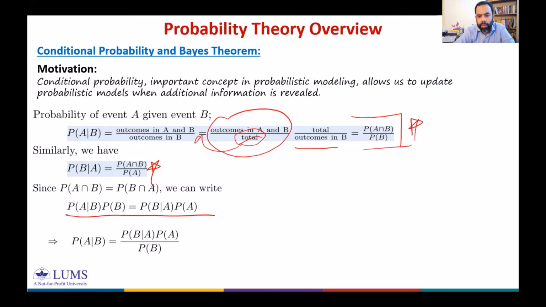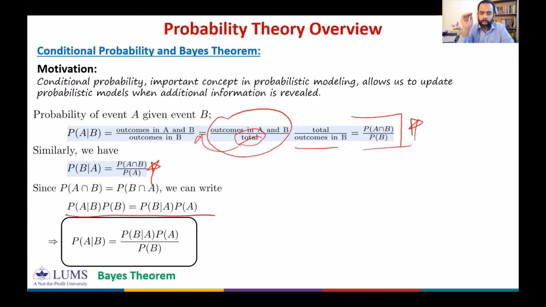So this is a very, very important result which we will use to develop an area of machine learning that we call Bayesian learning. This result is called Bayes theorem, after Thomas Bayes. Okay, so how do you interpret this? You know that event B has occurred.